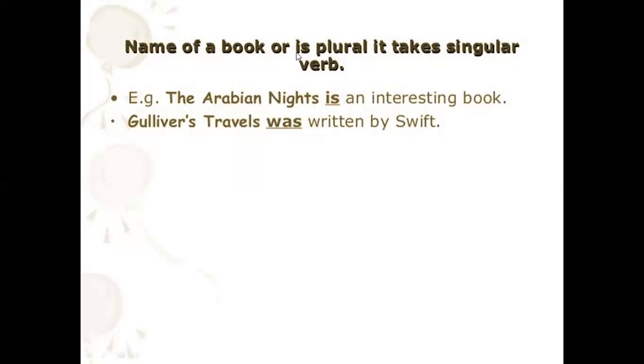If the name of a book is plural, it takes a singular verb. For example, the Arabian Nights is an interesting book. The Arabian Nights is the name of a book, so it takes a singular verb. Gulliver's Travels was written by Swift.